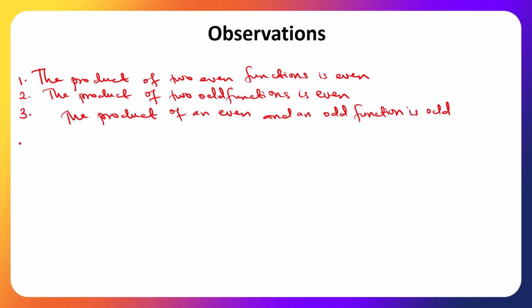Also, for either an even or an odd function defined over the interval minus a comma a, the root mean square is the same for any of the three intervals.